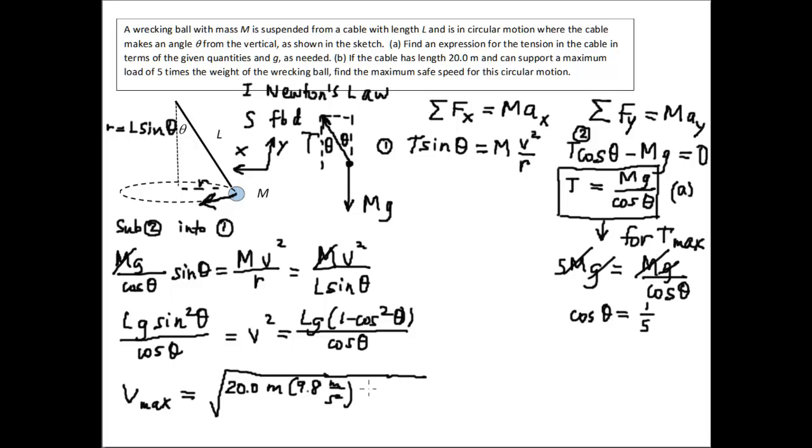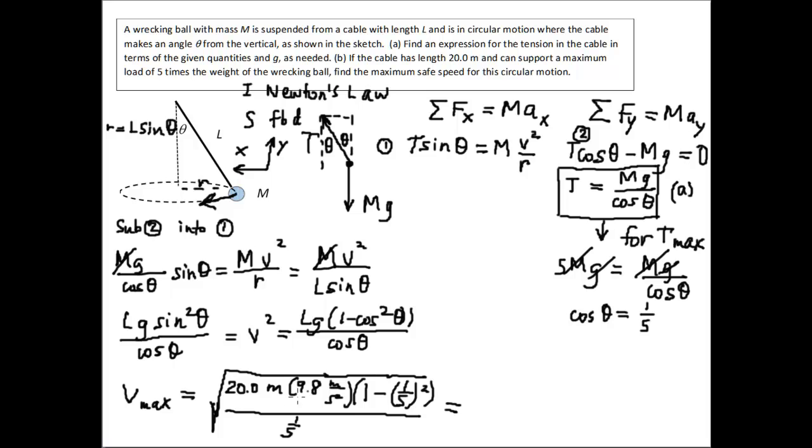Now we know that cos theta is 1/5, so what I have here is 1 minus 1/5 quantity squared. And then the denominator is just cos theta, which is again 1/5. And that's all under the square root. Got to be careful about that. Everything in that fraction is under the square root.